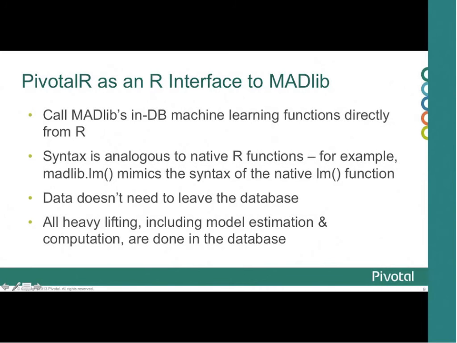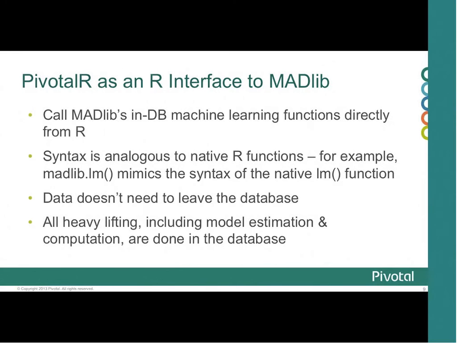If you're not familiar with MADlib, I do recommend that you check out madlib.net. It provides not only downloadable source code, but also documentation on all the algorithms available in the library. PivotalR provides essentially R front ends to MADlib's in-database machine learning routines.